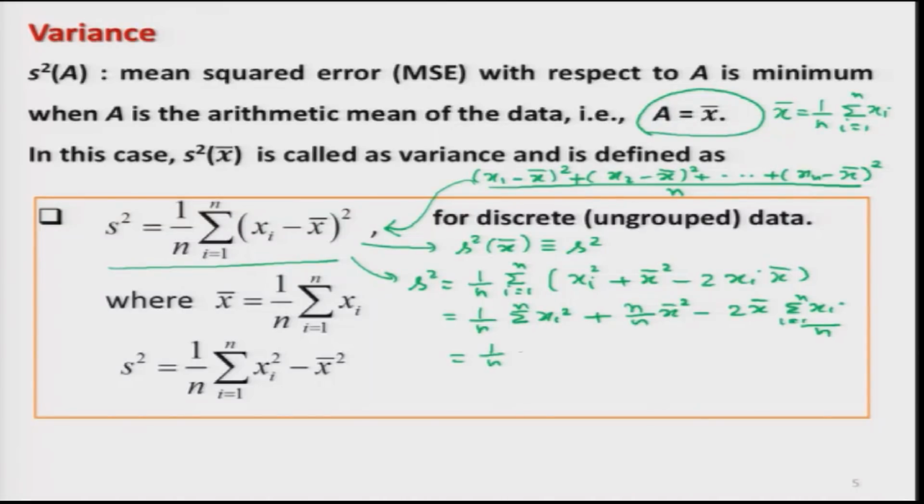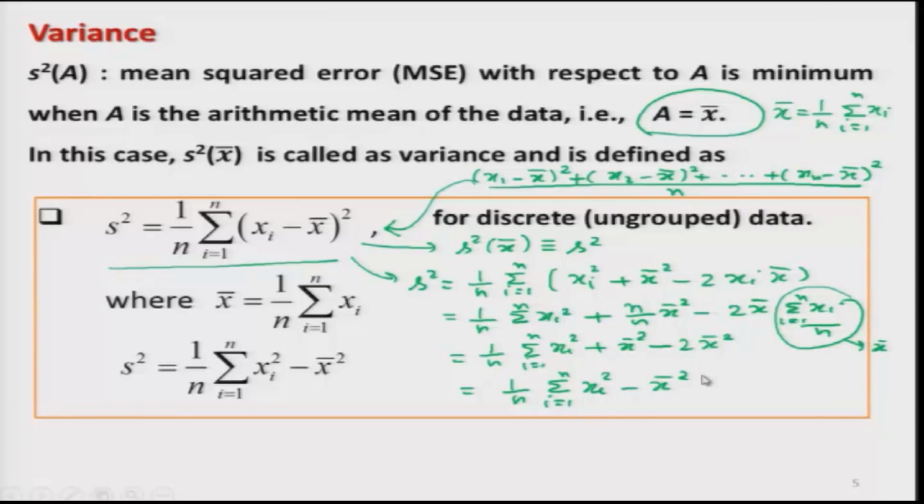Now, this can be further simplified to summation xi square divided by n plus x bar square minus twice x bar square, since this quantity is simply x bar. So, this becomes 1 upon n summation i goes from 1 to n xi square minus x bar square. The alternative expression for the variance is given by this. Actually, you can use either of these expressions to compute the variance in the case of ungrouped data.